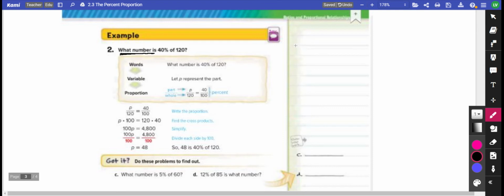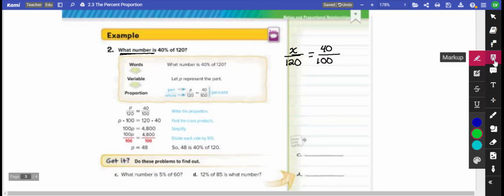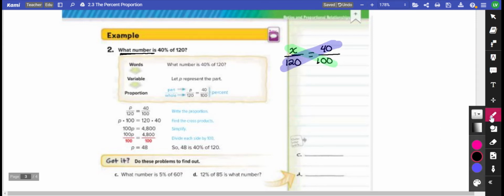I'm going to set up my proportion off to the right. I'm going to use x divided by 120, because 120 is my total, 40% over 100. I'm going to cross multiply. X times 100, 40 times 120.